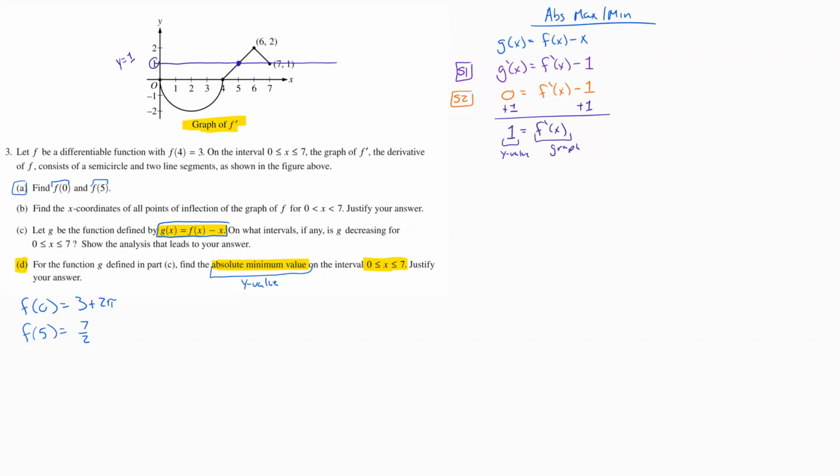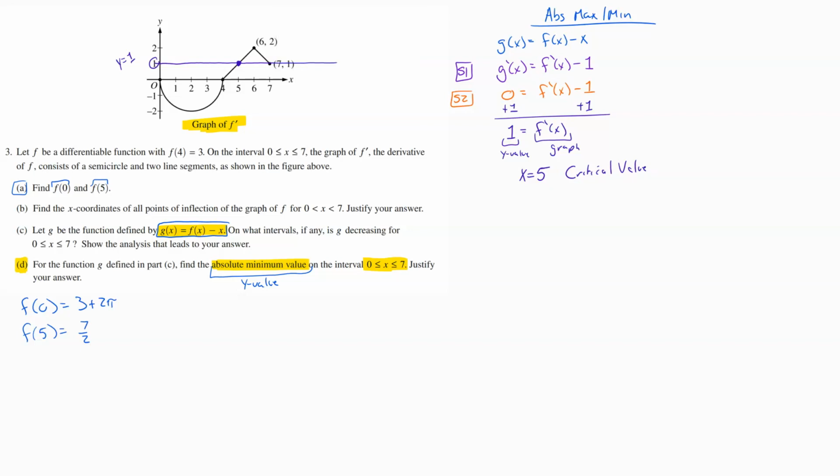So f prime of x is equal to 1. Again, you just got to follow your logic here. Even though we're talking about g overall, this is information we're finding by using our derivative of f graph. So out of there, we end up finding that x equals 5. This is our critical value. And usually they like you to notate when you found a critical value, to let them know that you found it.